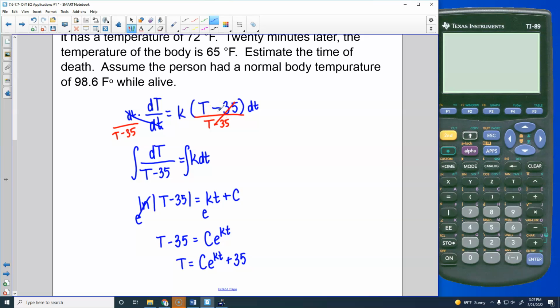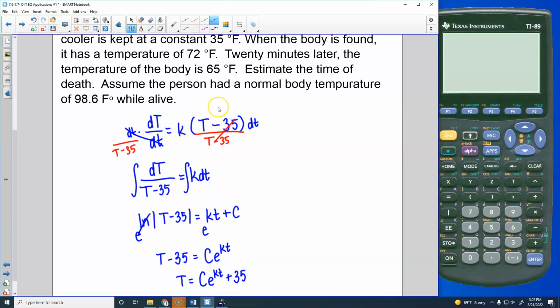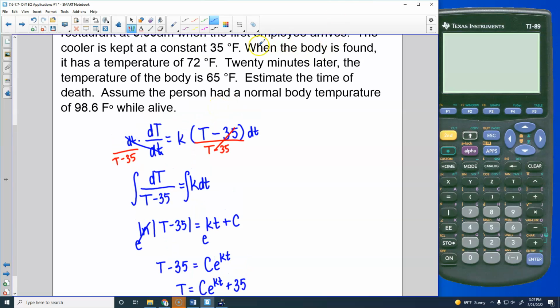Okay. So much like the last problem, we're going to use the information that we have. When the body is found, temperature is 72. So when the body is found, that's our t equals 0, and then capital T is 72. So we're going to plug that in. 72 equals C e to the k times 0 plus 35.